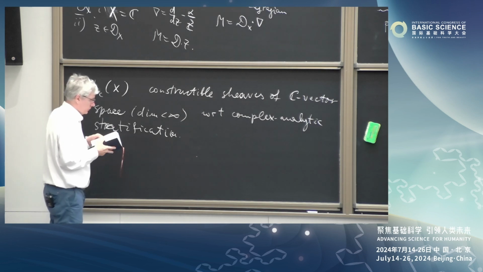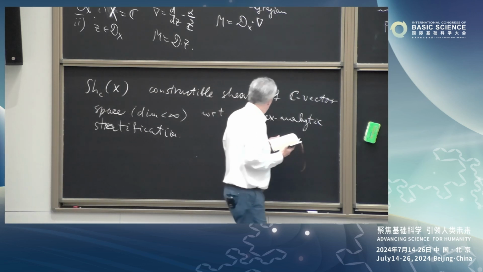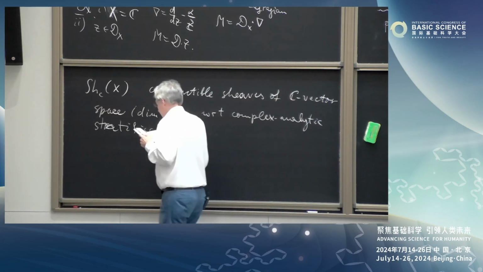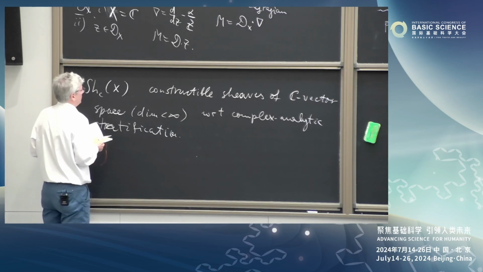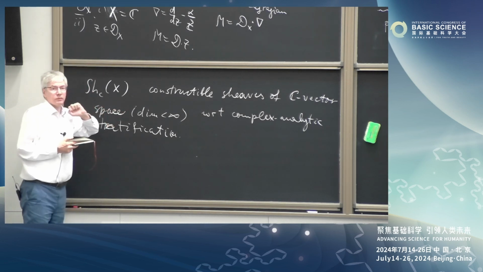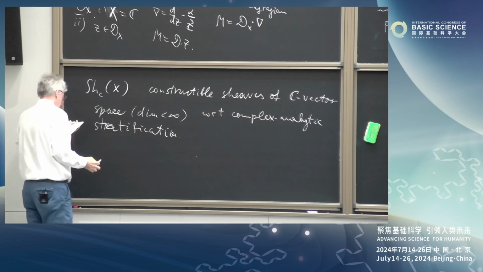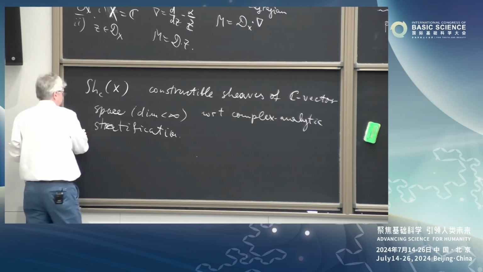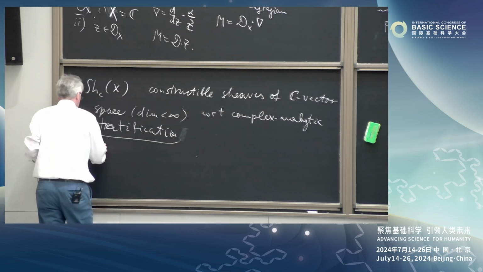So, I will formulate it right now. The point is that these two categories are equivalent, but not quite equivalent. They are derived equivalent. Maybe I will now fix stratification. Yes, it's called Riemann-Hilbert correspondence.